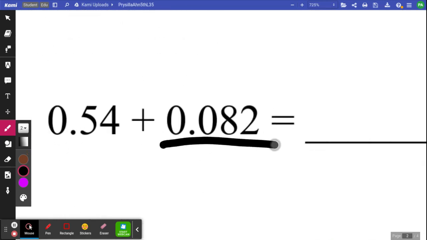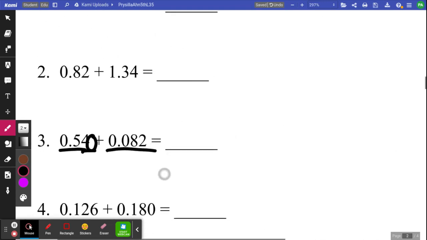We see that there are 3 places and this has only 2. However, we could add a 0 here so that it becomes 3. Now, this is not adding a decimal place. This is just adding an extra value so that it lines up, because if it doesn't align, it's going to be confusing.